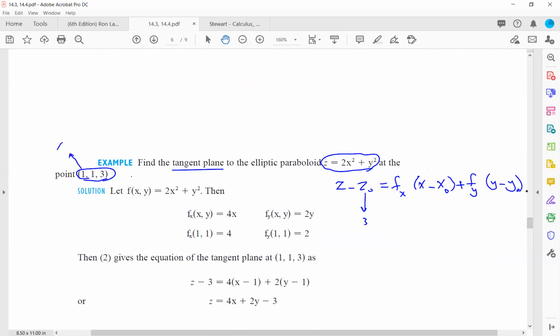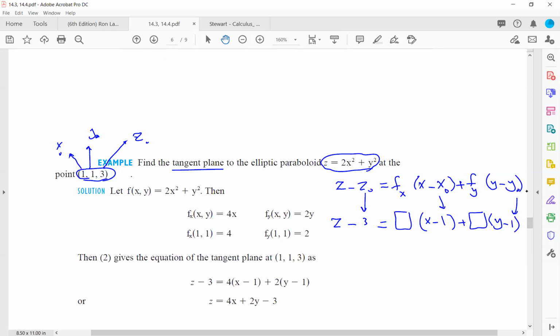So x sub 0 is 1, y sub 0 is 1, and z sub 0 is 3. z is a variable, you copy down your variable, equals f of x is missing, x is a variable, minus is just subtraction, plus f of y is missing, y is a variable, you copy down your variable, and minus is just a subtraction.